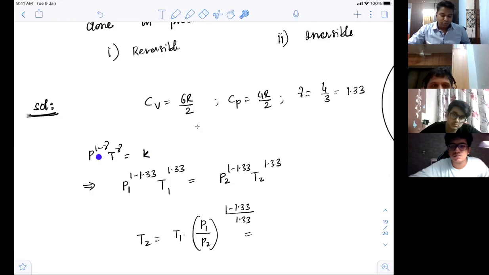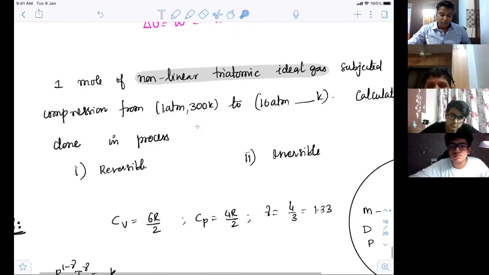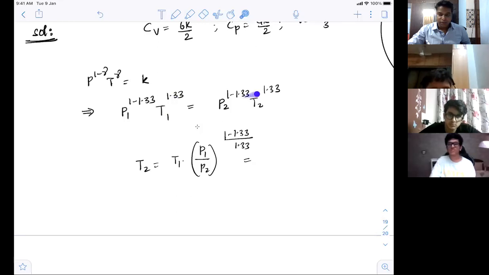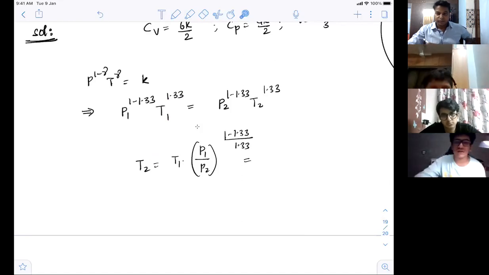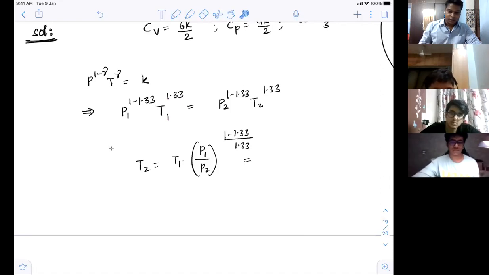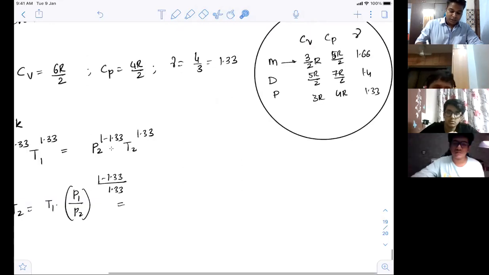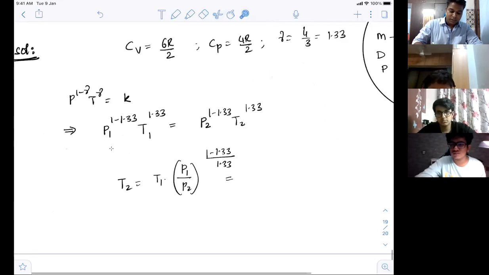So I'm using that because the final temperature is not given here. P1, T1 is given, P2, T2 is supposed to be calculated. So how do I calculate that? P1, T1 raised to their power gammas. If I put this, I'll get the T2 value from here. I got it. So how much do I get from here now? See, instead of writing gammas, I can write this as 4 by 3 because that makes the solving easy.